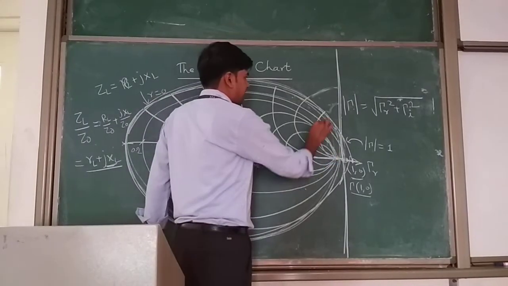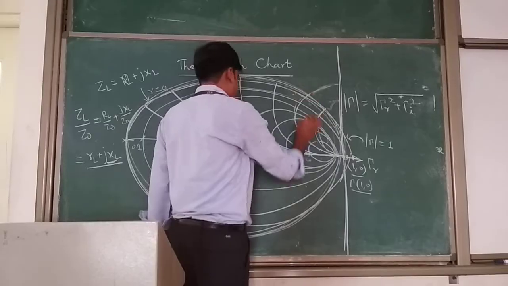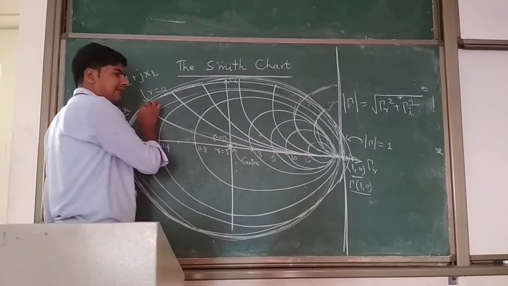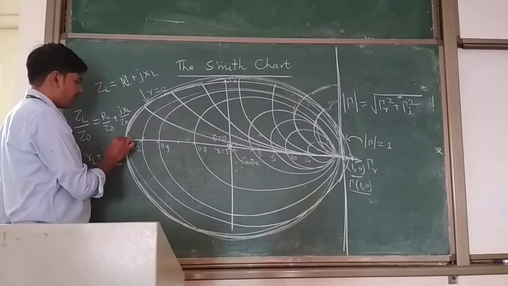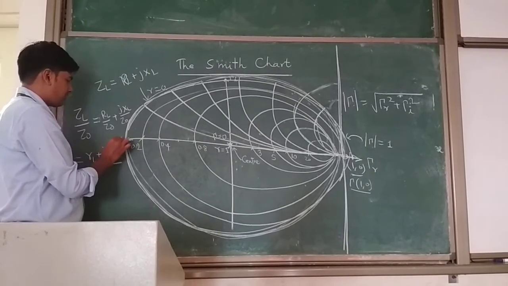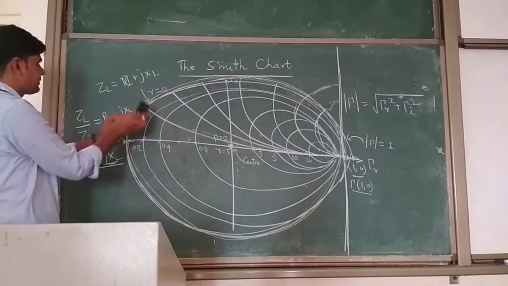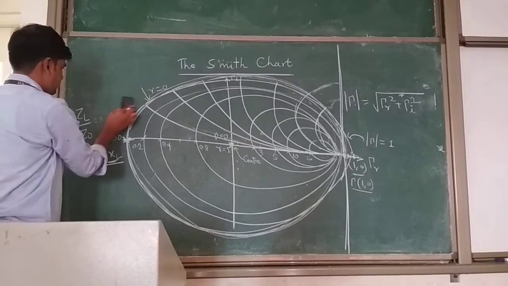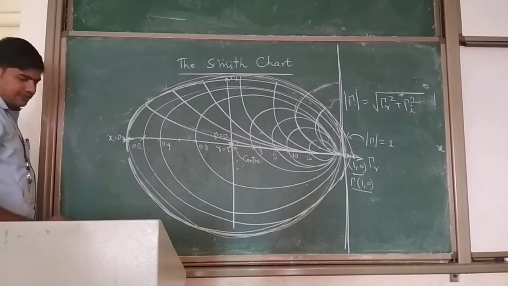The smaller radius will again have a higher value of reactance, and a larger radius will have a smaller value of reactance. So the largest is here. So you can say x equal to 0. I am going to erase this so that you will not get confused.